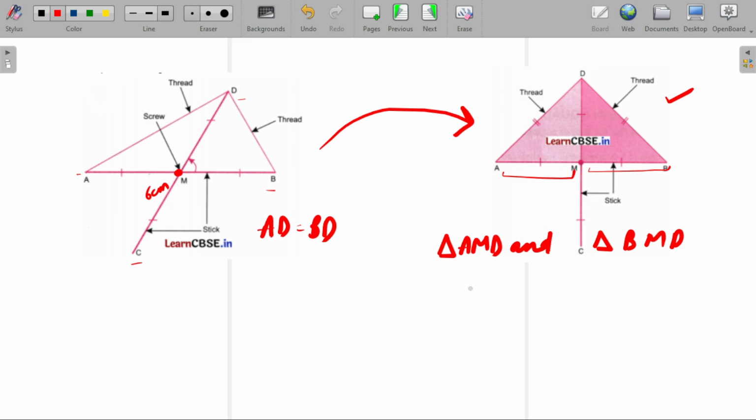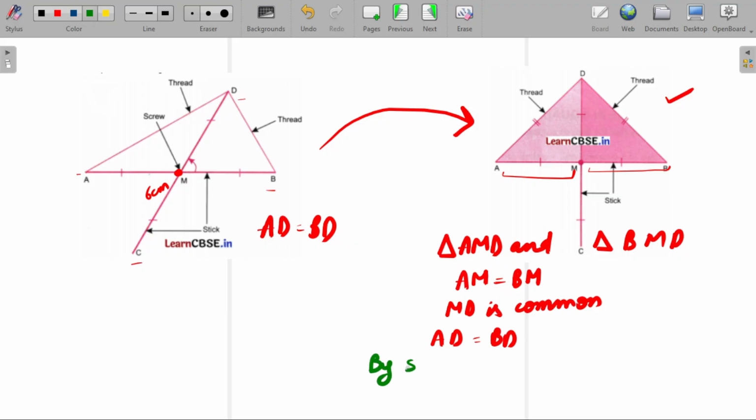So we have three parameters that are equal. First, AM equals BM because M is the midpoint. MD is common and AD equals BD. This is what we have proved just now. So by which criterion? By SSS, because these are the three sides, right?